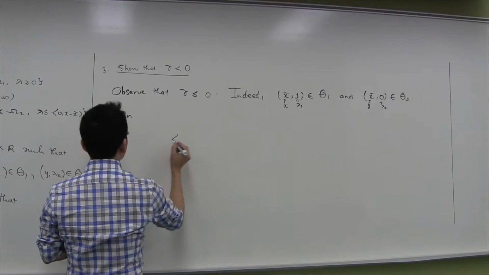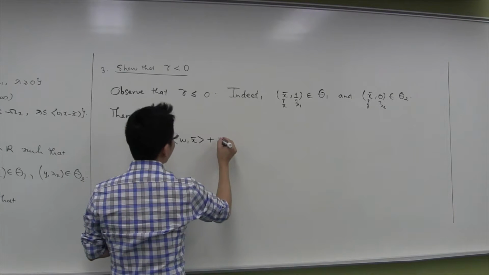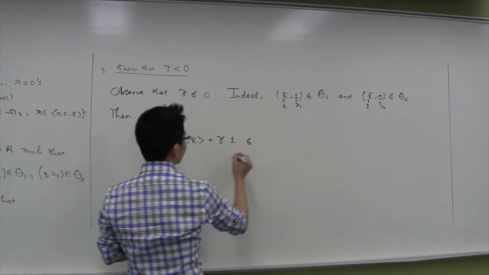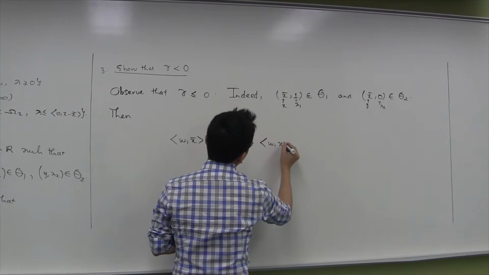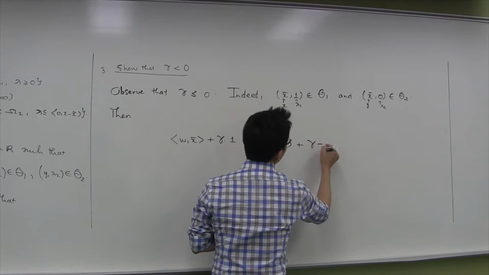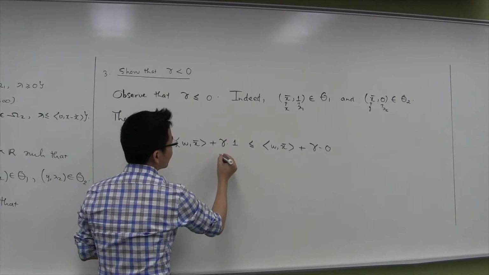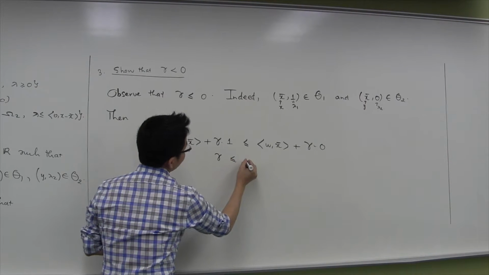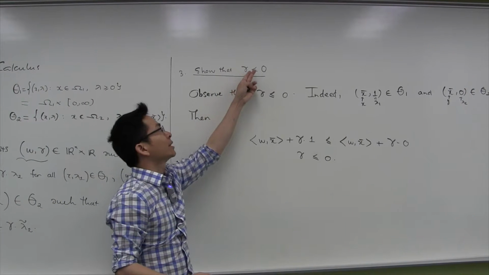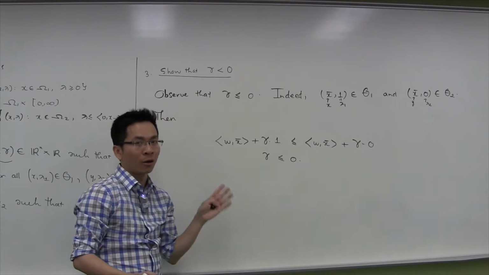The inner product of w and x bar plus gamma times 1 is less than or equal to the inner product of w and x bar plus gamma times 0. Then we end up having gamma less than or equal to 0. Now our goal is to show that gamma is strictly less than 0, and at this point we see that gamma is less than or equal to 0.